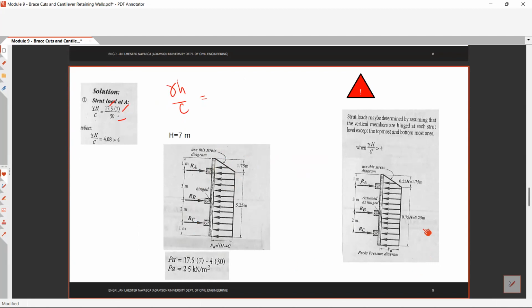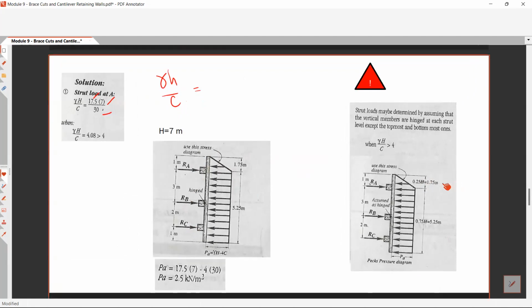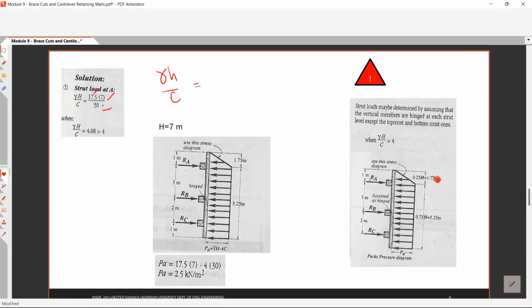So solve first the first quarter of the height, or 0.25 H. That is 0.25 times 7, you got 1.75 meters. Okay, then 0.75 H, you get 5.25 meters. Okay, so the pressure diagram will be this one, RA, RB, RC, 1.75 and 5.25 with a pressure of gamma H minus 4C.